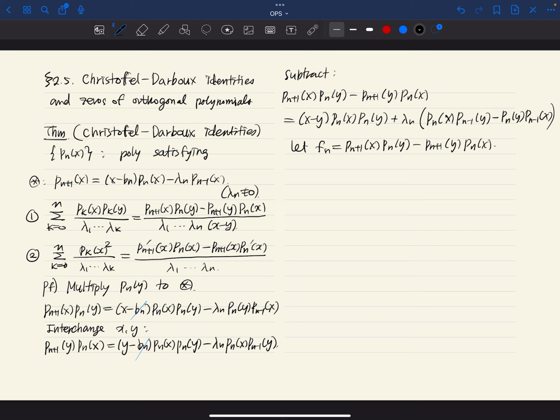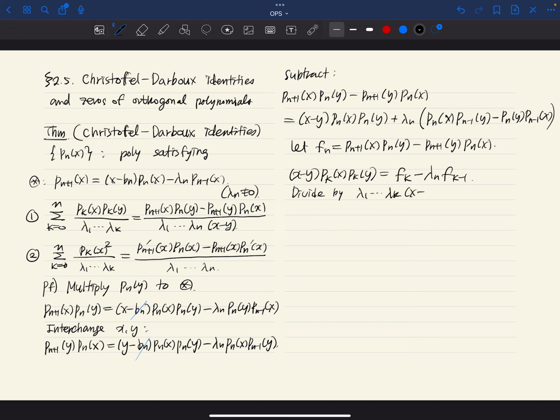Now let me rewrite this formula. So (x - y) P_n(x) P_n(y) equals f_n plus lambda_n f_{n-1}. But instead of n, I'm going to use k because I want to sum over this. So (x - y) P_k(x) P_k(y) equals f_k - lambda_k f_{k-1}. Then we divide both sides by lambda_1 ... lambda_k and see what happens.